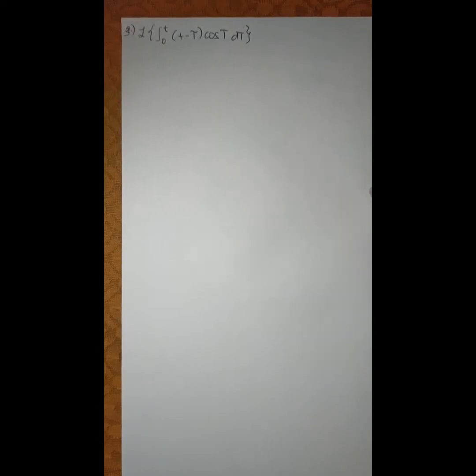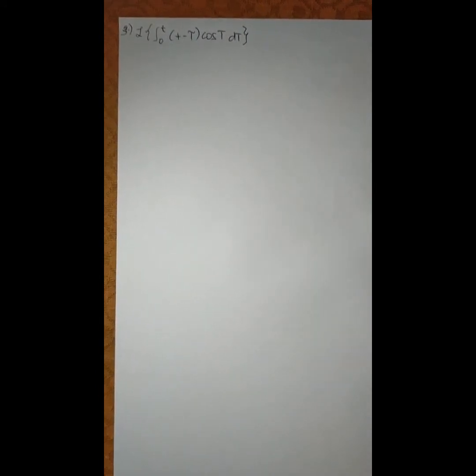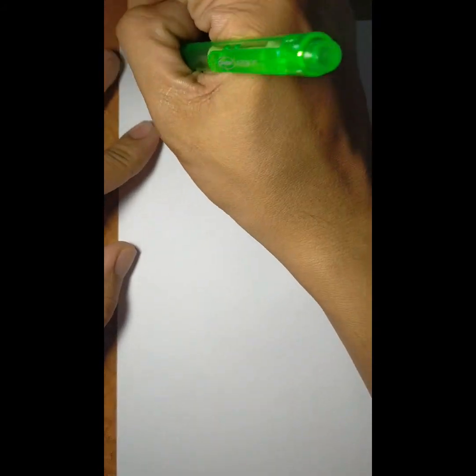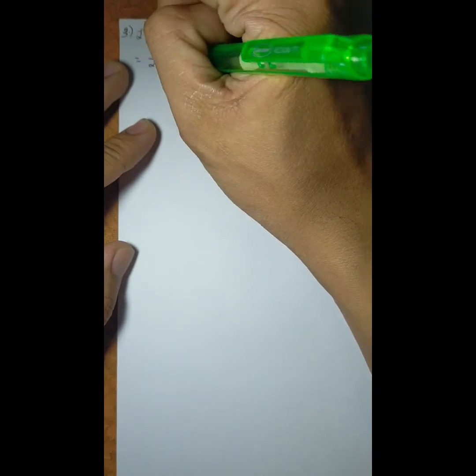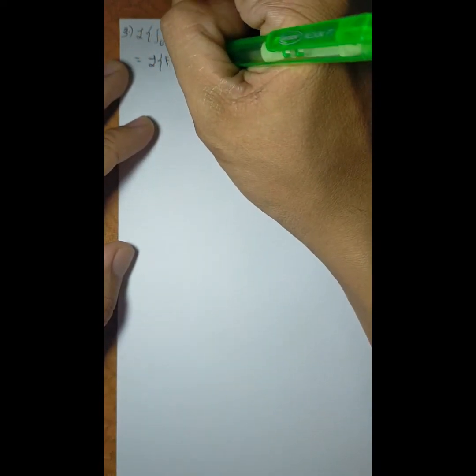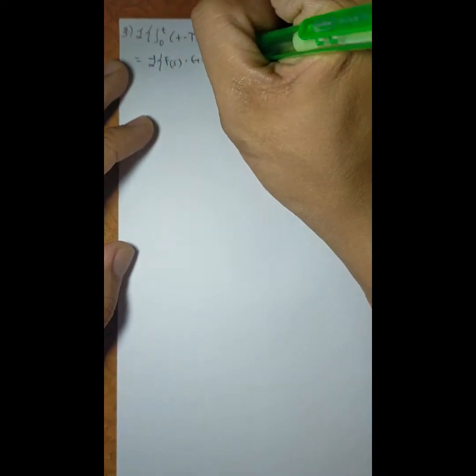Second problem, which is number 3, we have the Laplace of integral from 0 to t of (t minus tau) times cosine of tau d tau. So in our formula, we have Laplace of F of s times G of s.